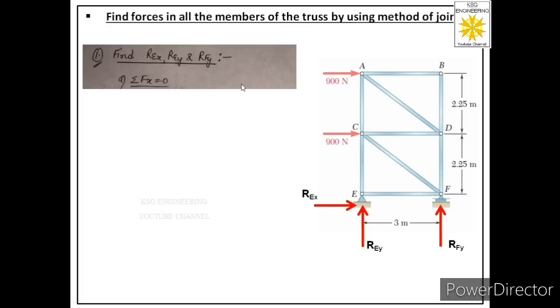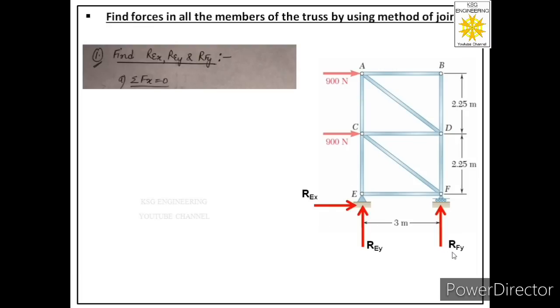So let us apply the first equation, that is summation Fx equal to 0. So before applying this equation, let us first see how many forces are acting in this truss. There are 5 forces. 900 Newton force acting at joint A, 900 Newton force acting at joint C, then we have these three reactions.